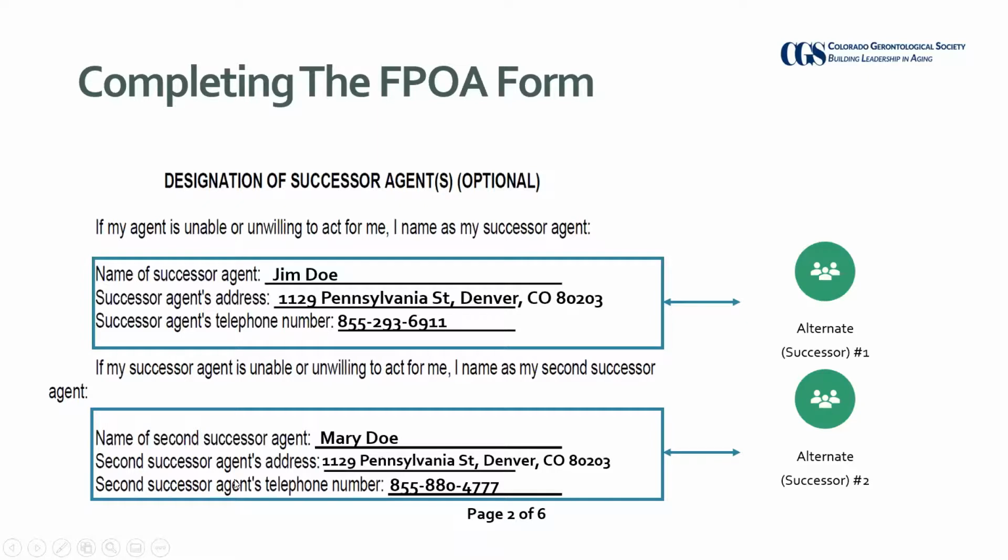Jane has also selected Mary Doe as an alternate. And we have Mary Doe's full name, where the second successor agent name goes. Then we have her full address and her full phone number. So your alternates are going to be on page 2 of 6.